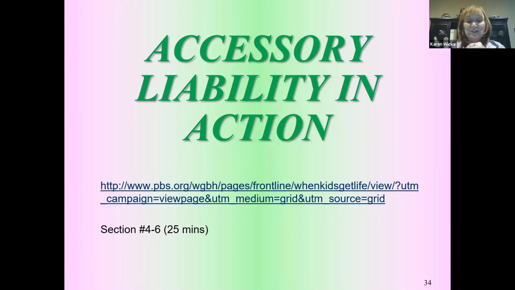So what I would suggest is you open it up and then go to sections 4 through 6. There's little lines that define the section. So you can click on section 4. It's around 25 minutes in. And it takes about 10 minutes to watch just that one section. You only have to watch sections 4, 5, and 6. But it really shows you an example of accessory liability in action.